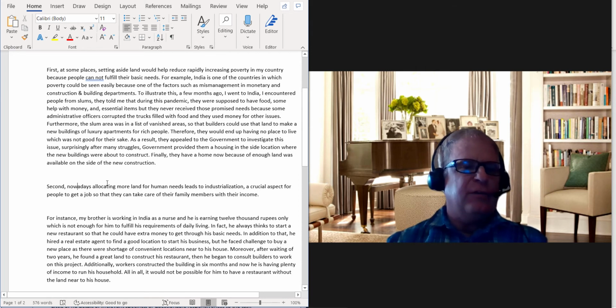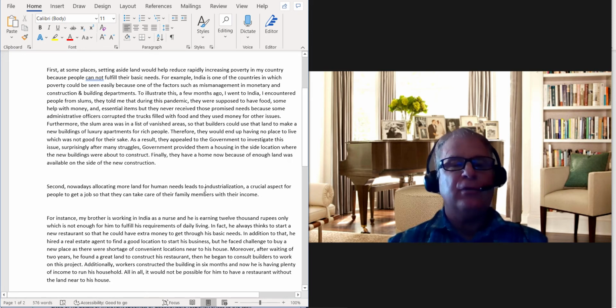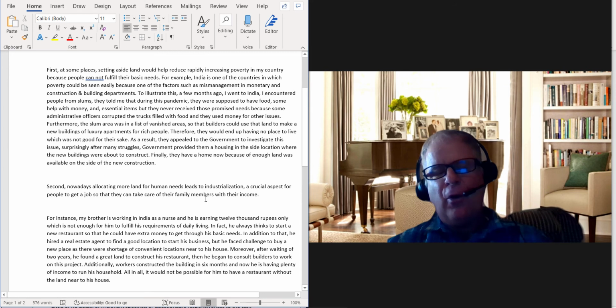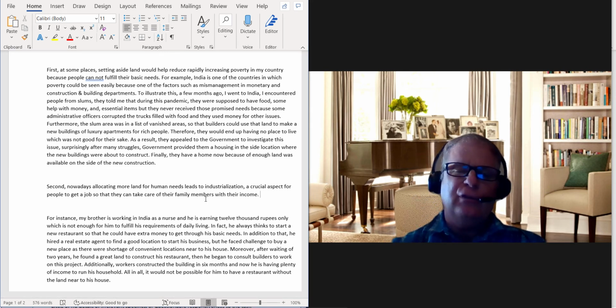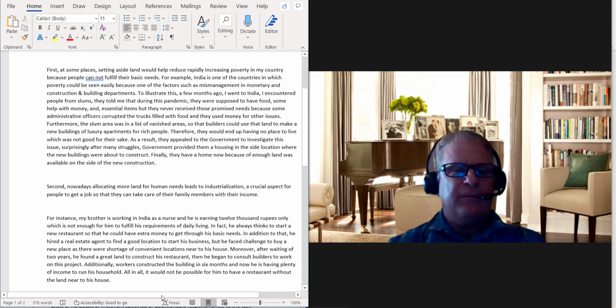Second, nowadays, allocating more land for human needs leads to industrialization, a crucial aspect for people to get a job so they can take care of their family members with their income. So now we have two different topic sentences that more clearly state the purpose of the thesis and the writing prompt, and that's going to get you a much higher score.